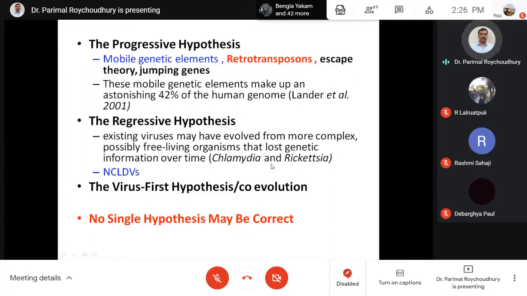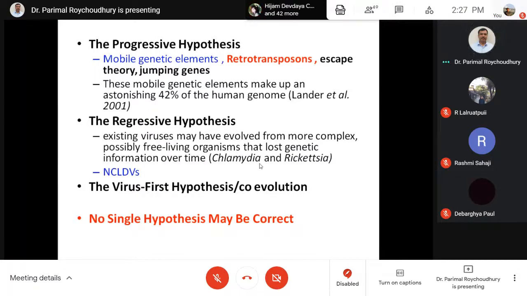They try to correlate this with two groups of bacteria, Chlamydia and Rickettsia. They are gram-negative bacteria, but they do not have all the metabolic activities of a free-living bacterium. As a result, Chlamydia and Rickettsia cannot be grown in artificial media. They always need a living cell, just like the virus, to replicate and to survive.